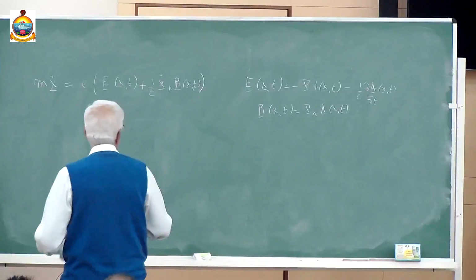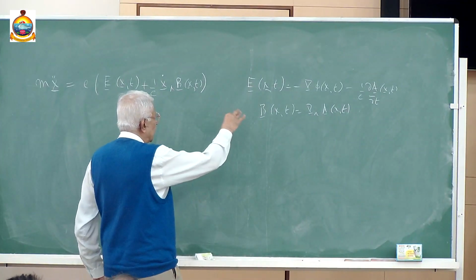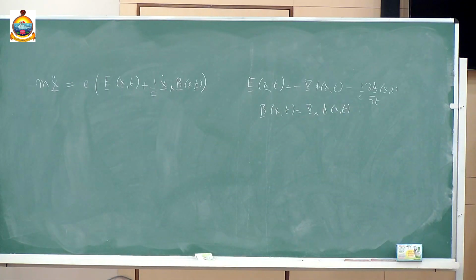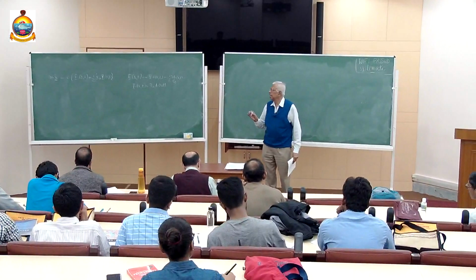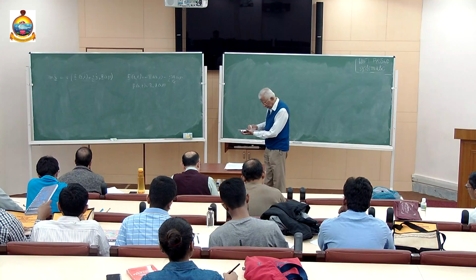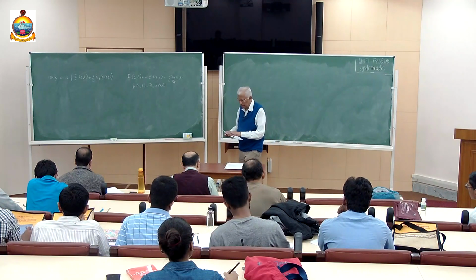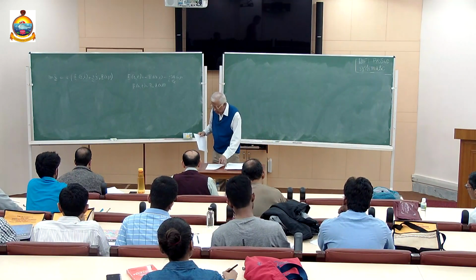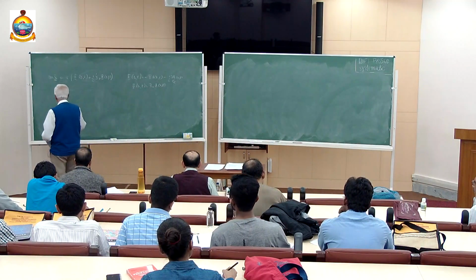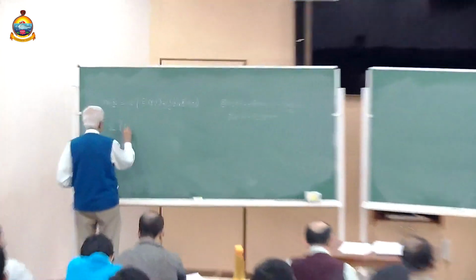So, it turns out that only if you write the electric and magnetic field in terms of potentials in this way and put these expressions into the equation of motion, then that equation of motion can be derived from a Lagrangian. And the steps are not complicated. So, I will just write the expression for the Lagrangian.